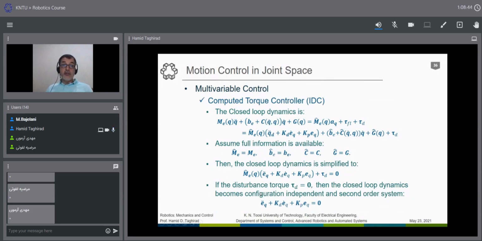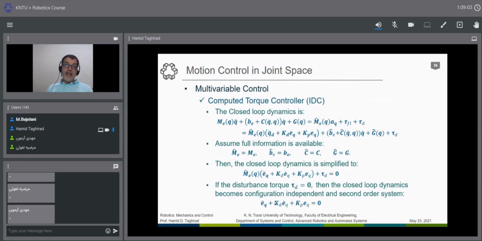Of course, you still need to do some trial and error to get some practice here, but you have a second order dynamic. For all the joints, you can have a second order system with a very good natural frequency and damping ratio that you know.